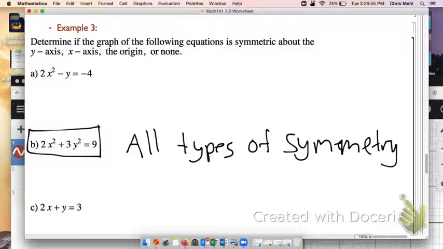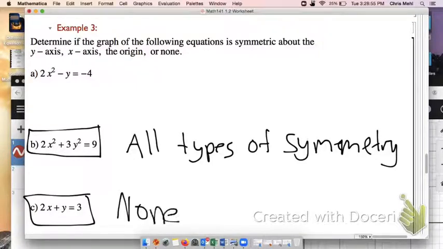It's actually the graph of what's called an ellipse. The reason it's having all types of symmetry is because of the x and y variables both being squared. This one has no symmetries.